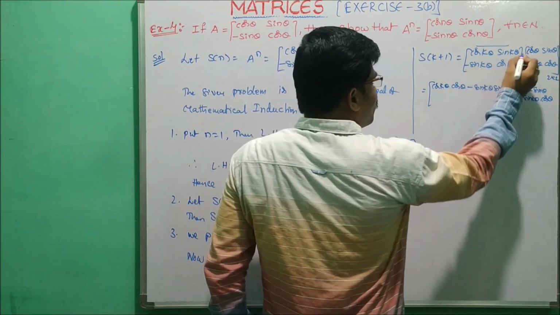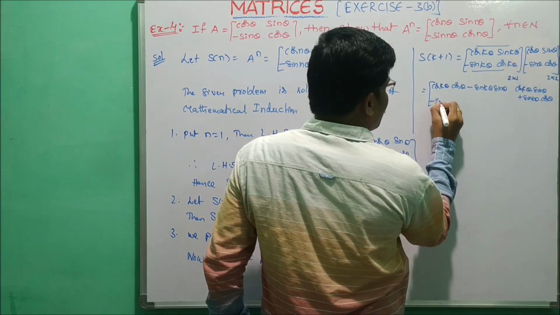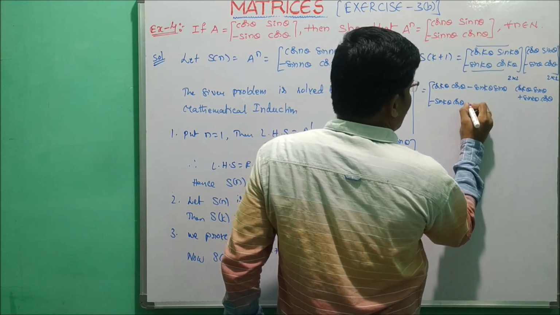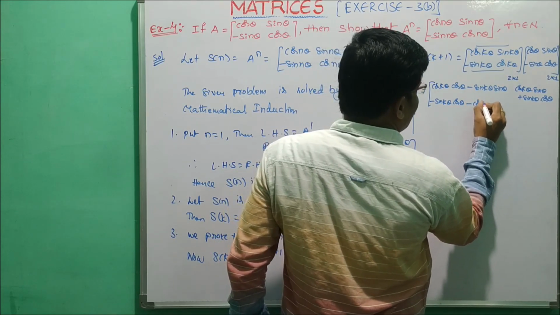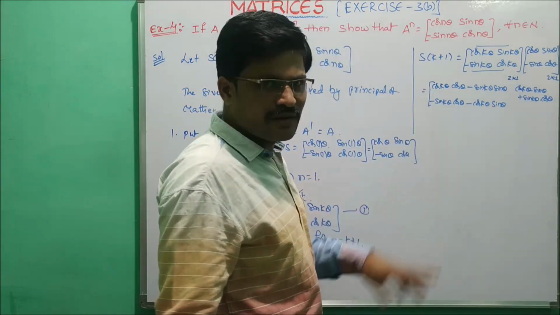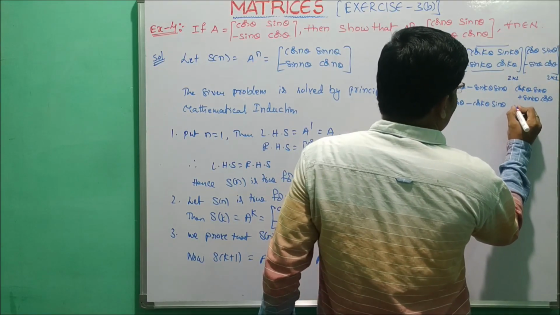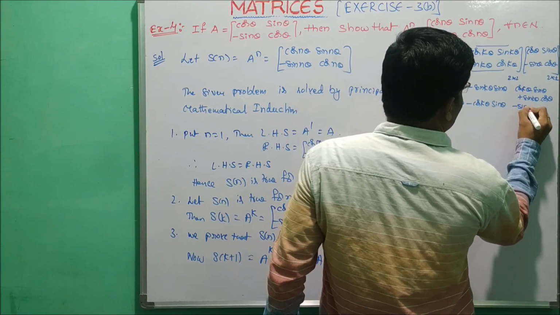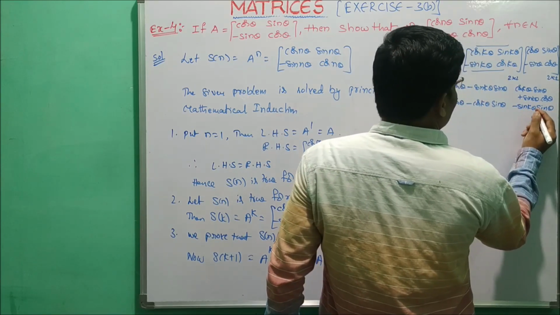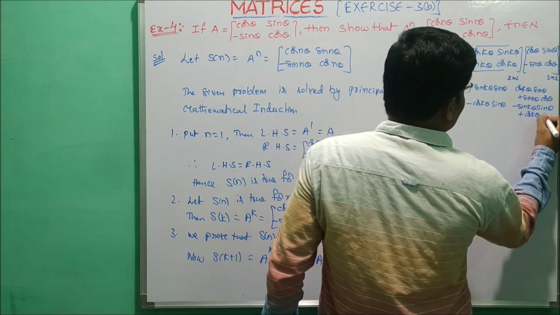Similarly, second row, first column: minus sin k theta cos theta minus cos k theta into sin theta. So this is the second row first element. Now the second row, second element: minus sin k theta into sin theta plus cos k theta into cos theta.